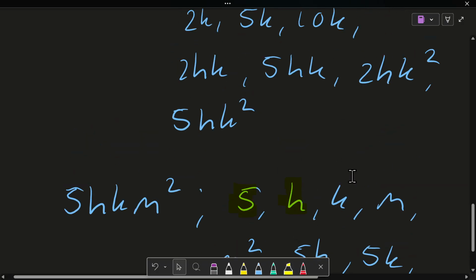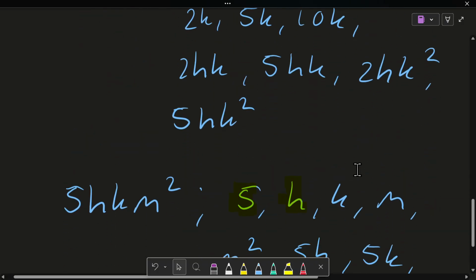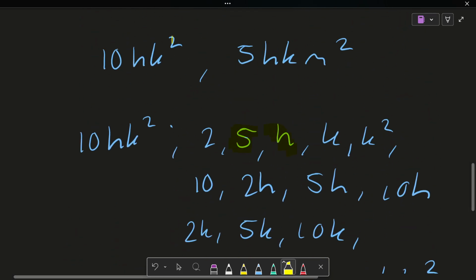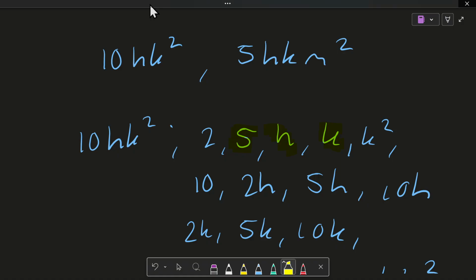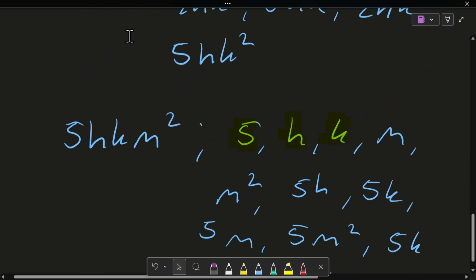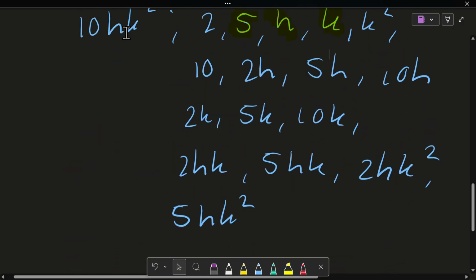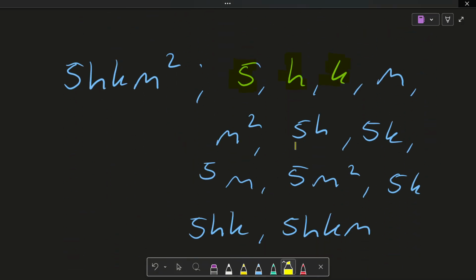Next one, does it have a k or not? Yes, here is also k. There's no k square. Also 5h.